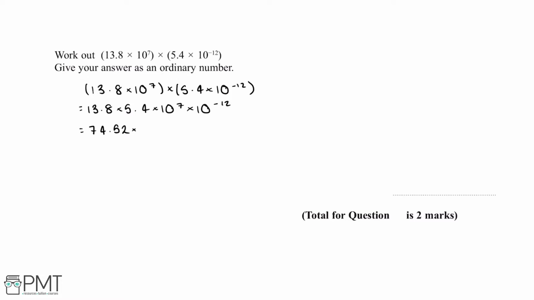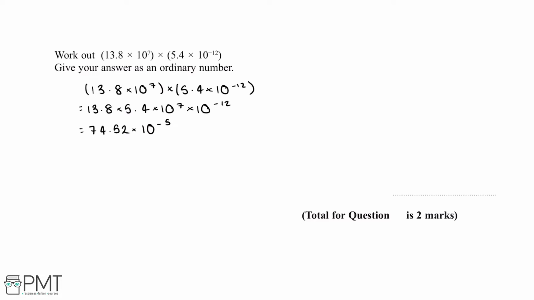And when multiplying numbers with powers, we'll add the powers together. So 7 add negative 12 gives us negative 5. So this means that 10 to the power of 7 multiplied by 10 to the power of negative 12 is equal to 10 to the power of negative 5.